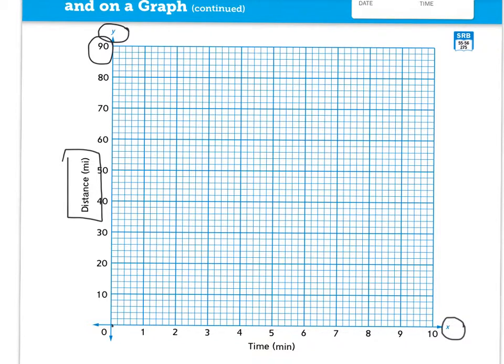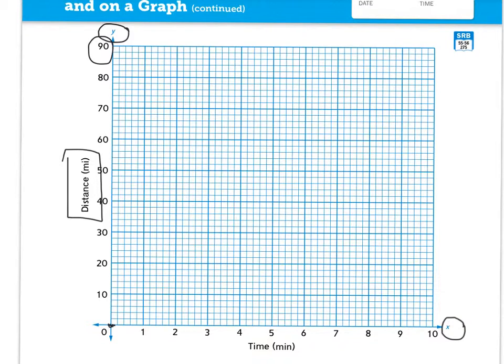How do you know? You're correct if you said that the largest x-coordinate is 9, and the x-axis extends through 10, and the largest y-coordinate is 72, and that y-axis extends all the way through number 90. Go ahead now and start plotting the points, and I'm going to do the same thing.